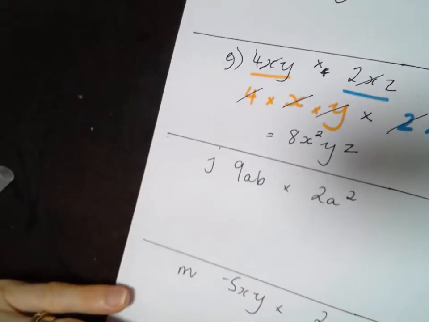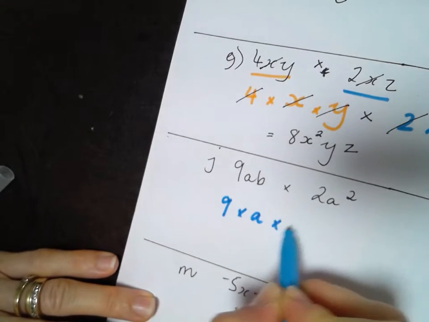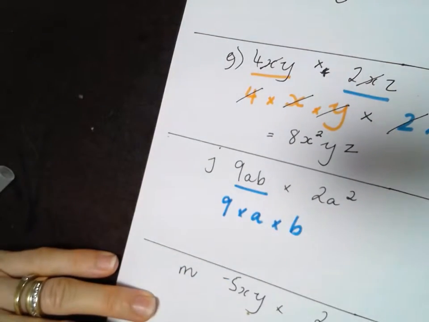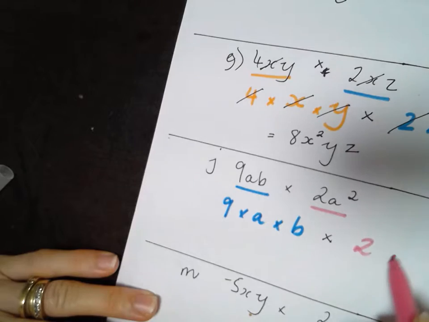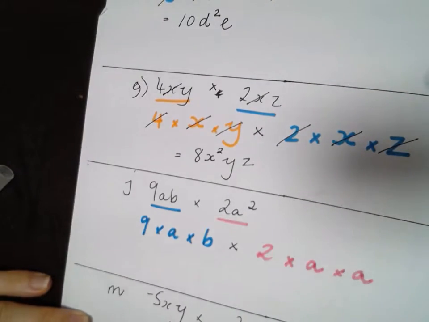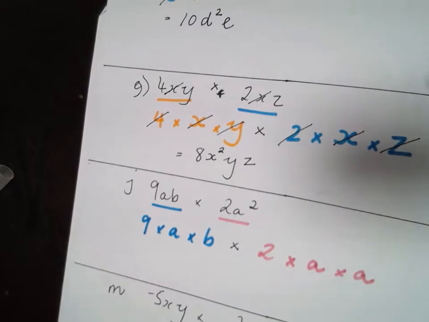Second last question to practice is 9 times A times B. Okay, bring the multiplication down from the top. Continue on. Right, we've got 2 times A squared, which means A times A. So 2 times A expanded looks like that.